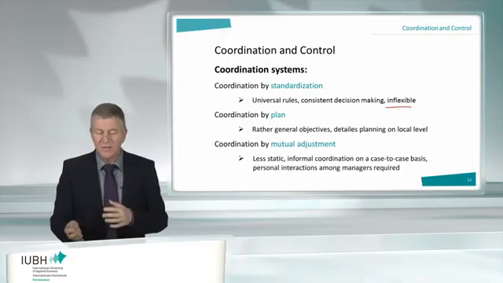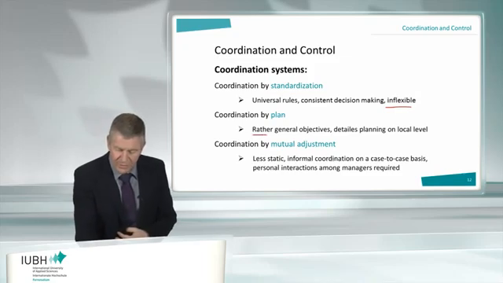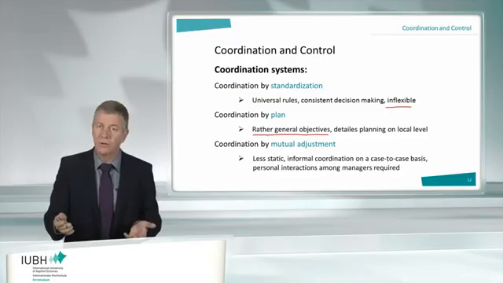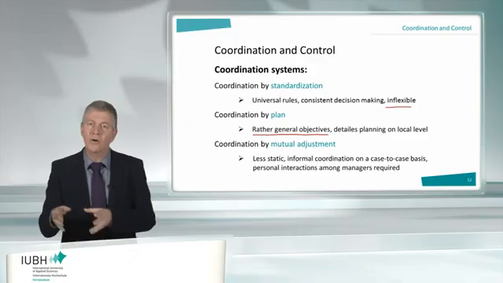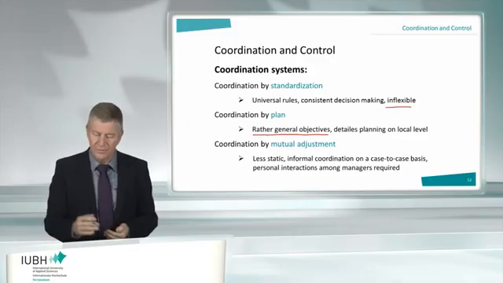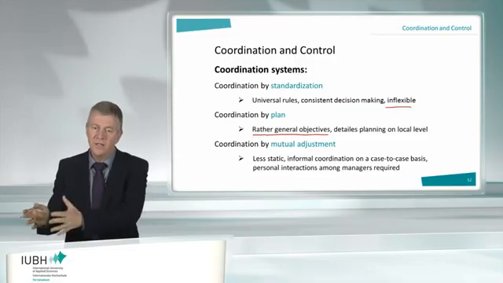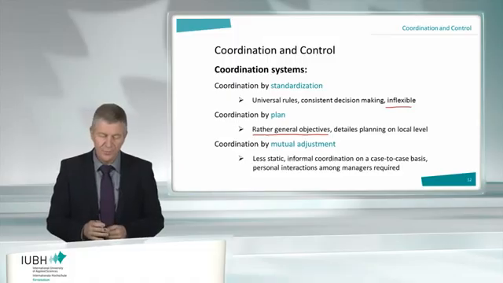Coordination by plan is the opposite, in that you would have only a limited set of rather general objectives, but then the detailed planning would be carried out on a local level. So there's more flexibility and also more responsiveness to what is needed in your respective branches and subsidiaries.